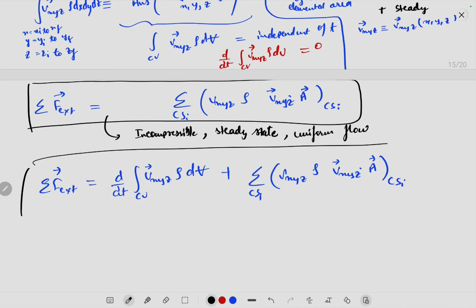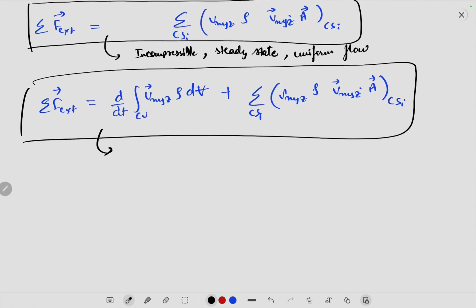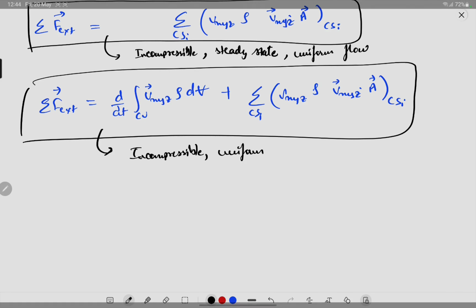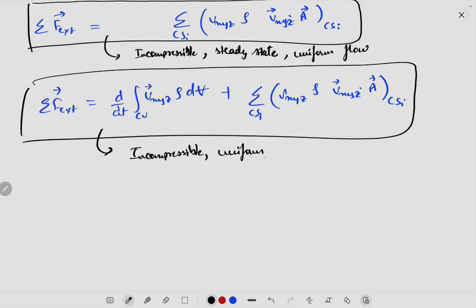Okay. So this term is when your fluid is incompressible and the flow is uniform and the flow is unsteady. Okay.